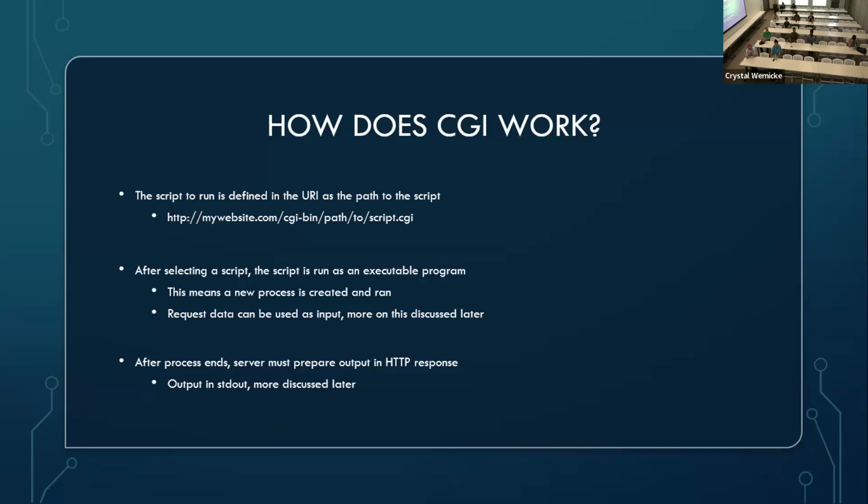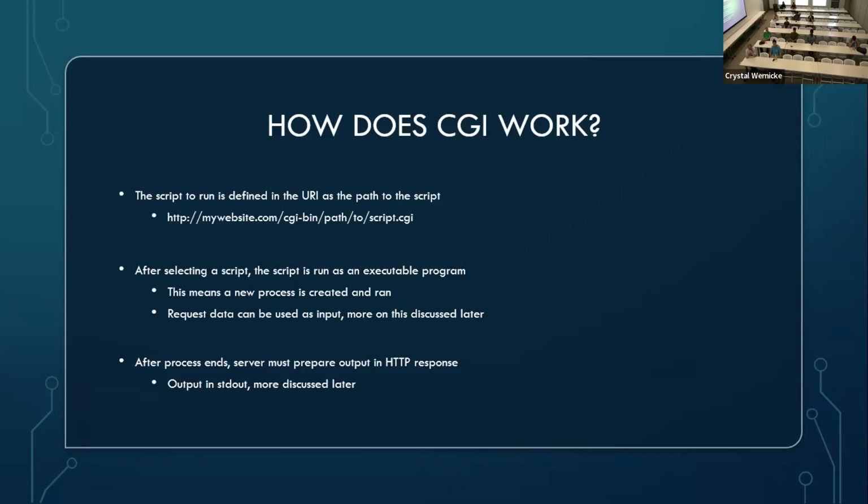This is a process separate from your server or the process running your application. And you're able to pass input to your script. Obviously, request data can be used as your input, and the specification explains how you can pass input. There are also some reserved keywords that you should follow when passing input.